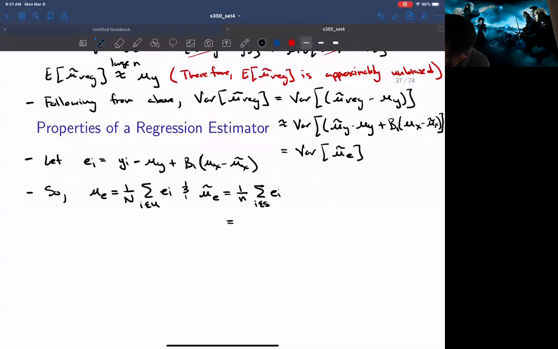And this is going to be equal to 1 over n times the sum over i in S of mu tilde y minus mu y.